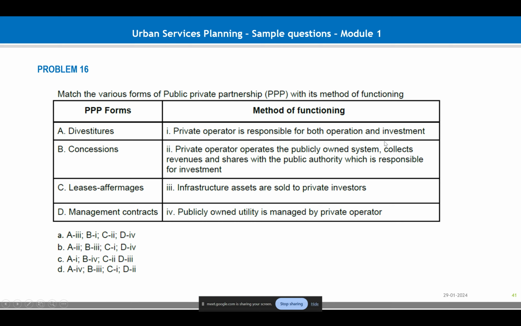Right. We have discussed this in our lecture also, and a very detailed discussion is given in our urban utilities NPTEL lecture on different forms of public-private partnerships. These are definitions only, nothing much to explain in this. But if you're interested to know more along those lines, you can visit that lecture also.